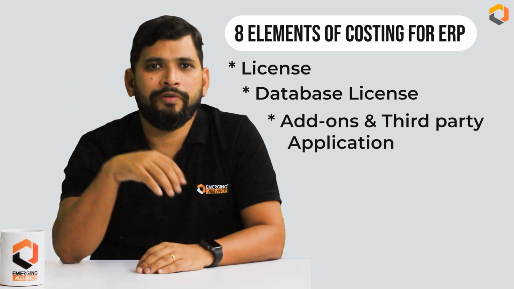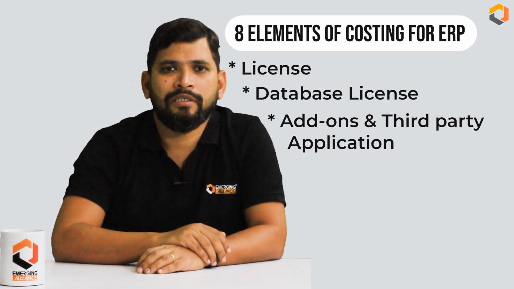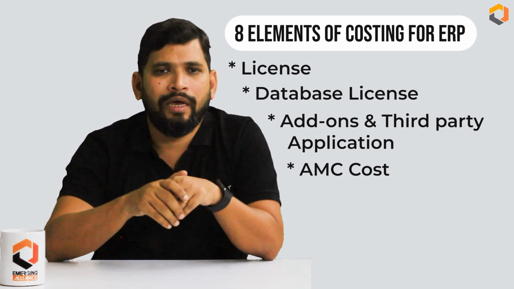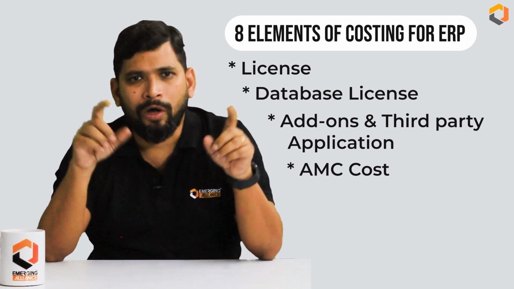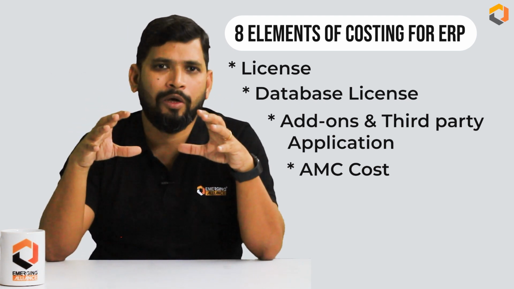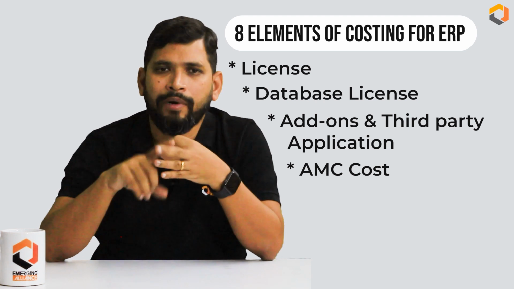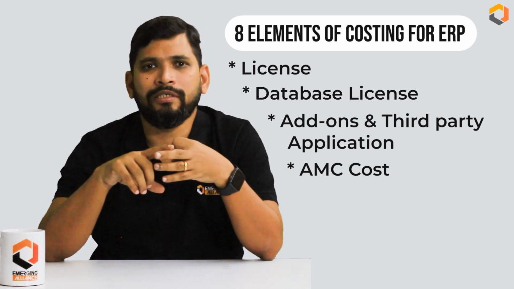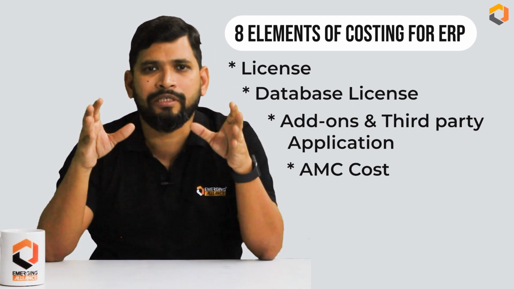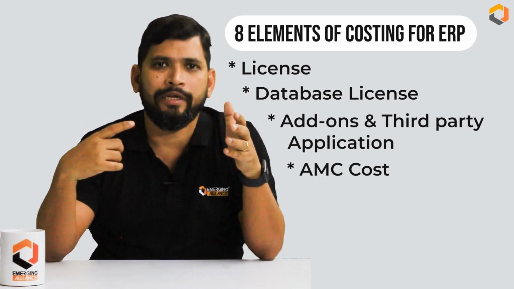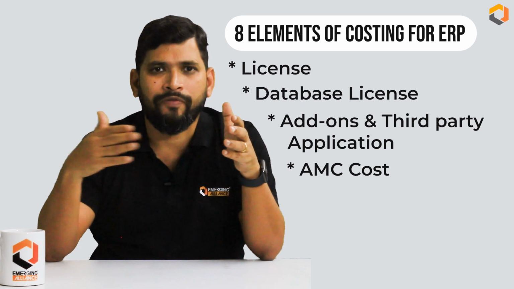The fourth element that we're going to talk about is the AMC cost. AMC stands for annual maintenance contract. All the 3 elements that we spoke of until now, the ERP license, the database licenses, and any third-party add-on licenses, are software products and will require continuous upgrades over a period of time.